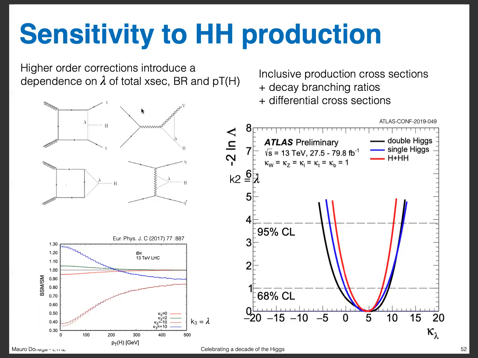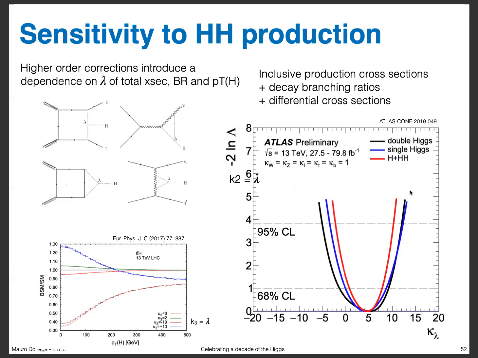This is what happens if you look at higher order: even single Higgs production has a dependence on the trilinear coupling, exemplified in some of these diagrams here. And if you look at the effect of changing this kappa lambda, in theory language just lambda, to these values, you can see, especially for ttH, quite substantial effects on the pT of the Higgs.